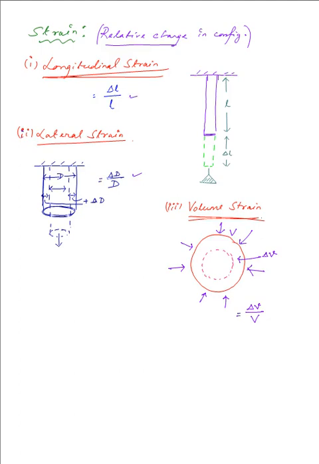So relative change in the configuration gives us the strain, and because it's volume by volume or length by length, it has no unit, it's a unitless quantity. And finally we can discuss shear strain.